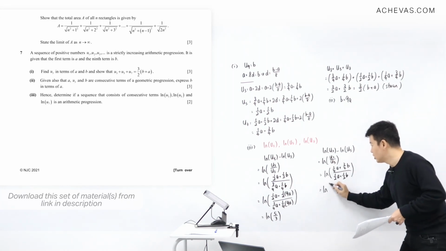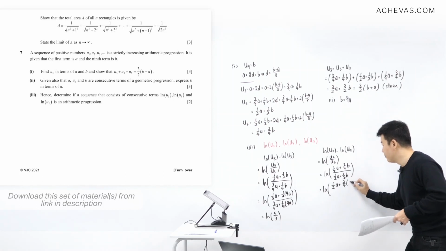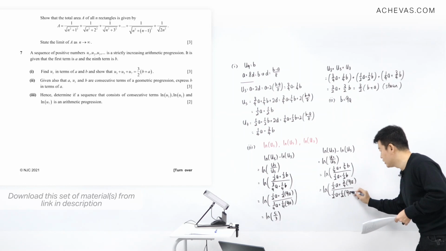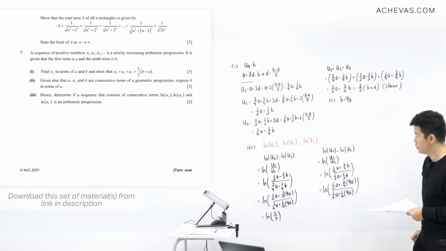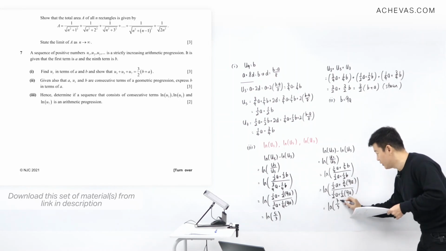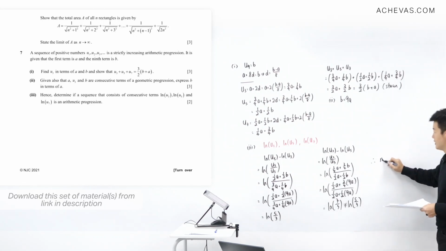And this is ln of (half a plus 3/4 b, which is 9a, as we have found in part 2) divided by (half a plus half b, which is also 9a, as we found out in part 2). This gives us ln of 7 over 5, and it is not equal to ln of 5 over 3. Therefore, this is not an arithmetic progression.